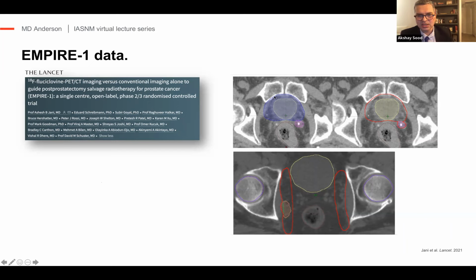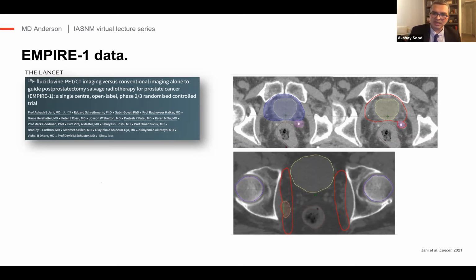For the patients in the experimental arm who underwent the PET study, this is an example of two different patients. What the scan led to is a change in the radiotherapy field. Initially, before the scan was done, this was the radiotherapy field that the radiation oncologist had marked out in a patient with biochemical failure after prostatectomy.